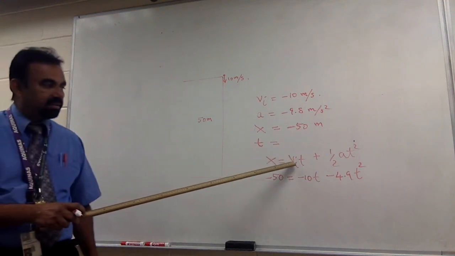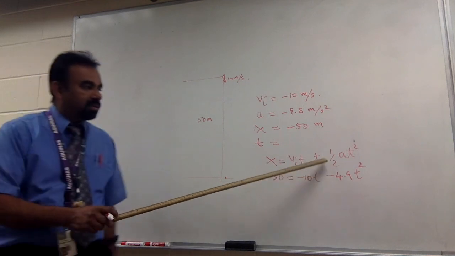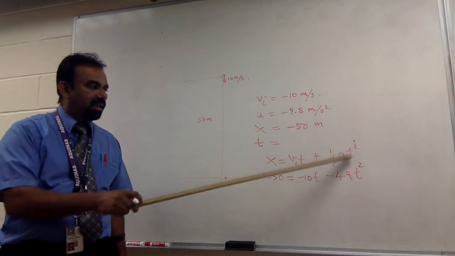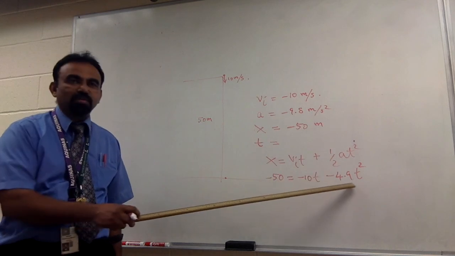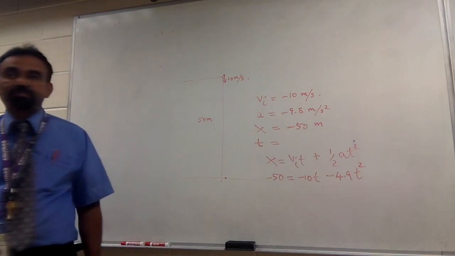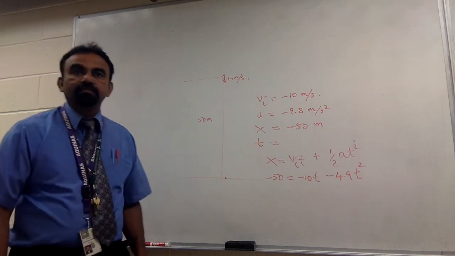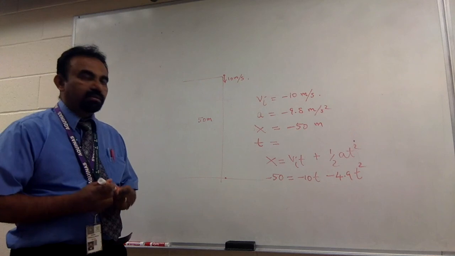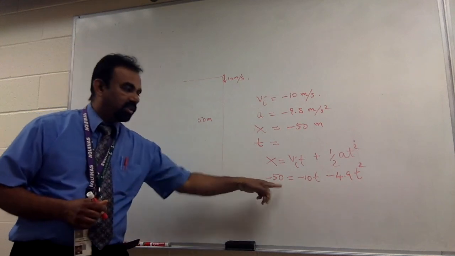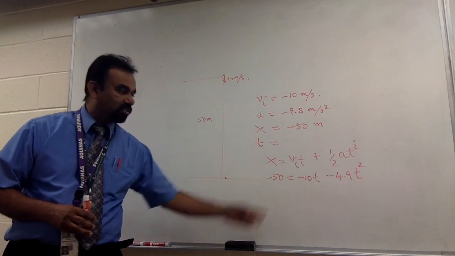VI times t. T is something which you don't know. Plus half a. Half of negative 9.8 is always going to be negative 4.9, so t squared. What do you do from here? You can't divide by t because there's no t in this 50.